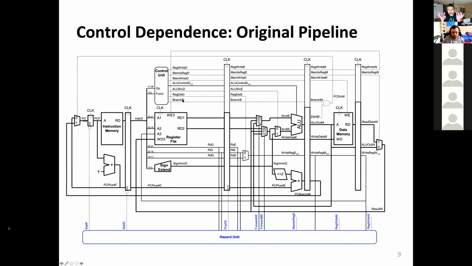The first stage where we know this BranchD signal is the decoding stage, because right after we decode, we know what instruction it is.